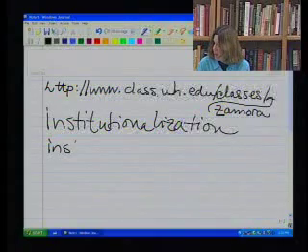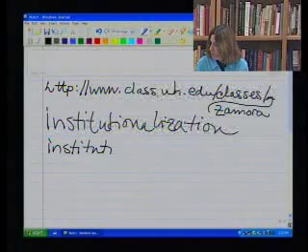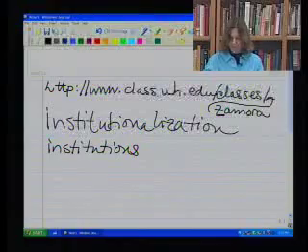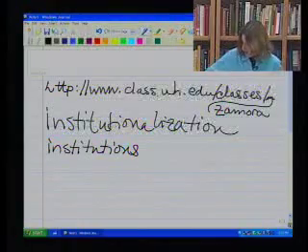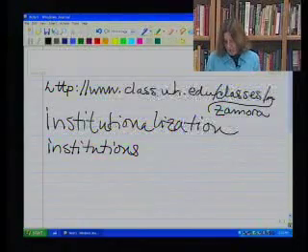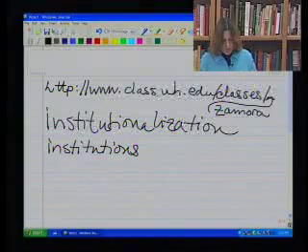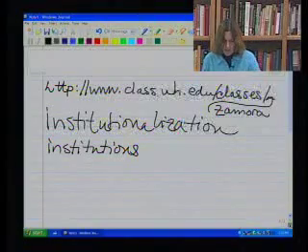Creating institutions of colonial rule. It's a lot more mundane. There are some names and terms that I'll have to talk about.